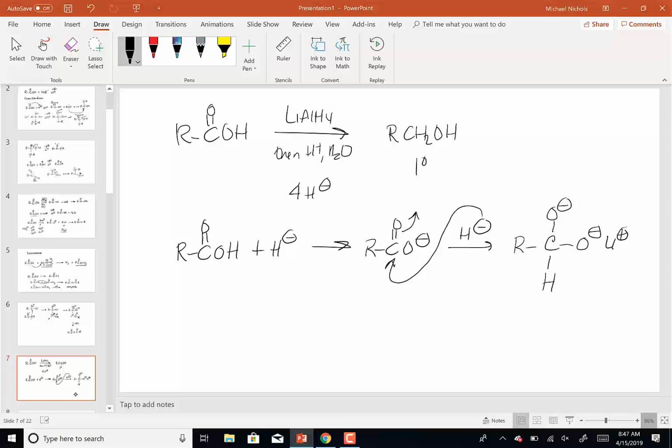My AlH4 minus has now lost two H minuses, one deprotonating, two adding. So that means AlH4 is now an AlH2 with a plus charge, and that becomes a counter ion on the second oxygen.